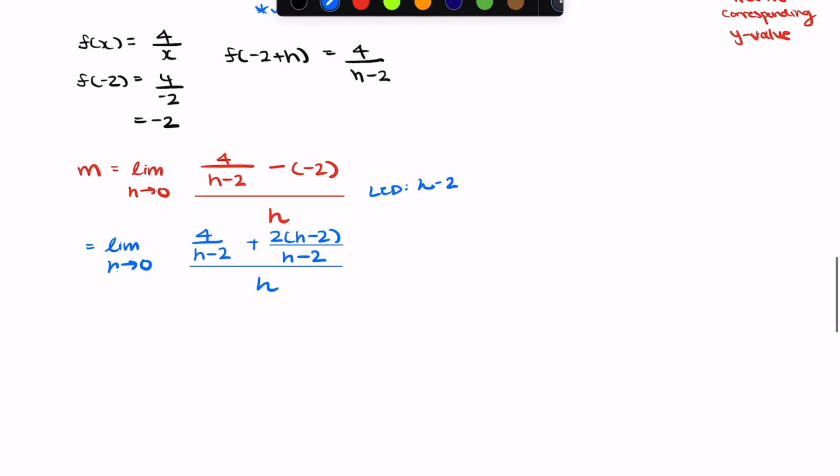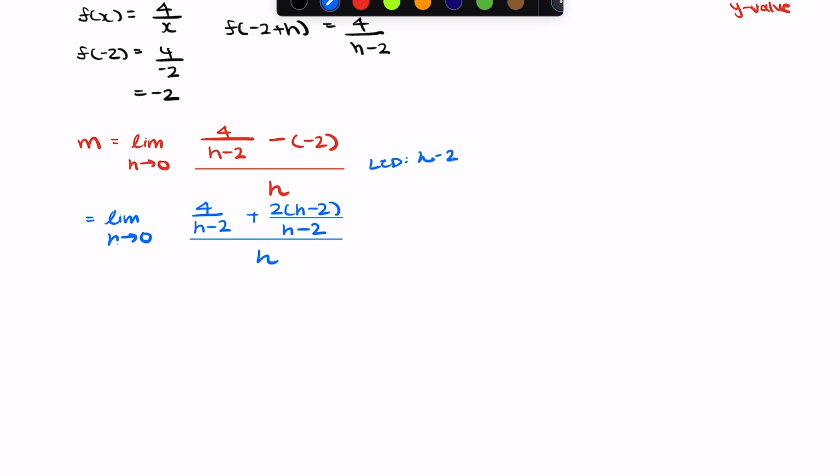Now that we have the same common denominator, we can write it all as one statement. We'll write it as the limit as h approaches 0 of 4 plus 2h minus 4, we'll just expand that in the process as well, over h minus 2, over h.